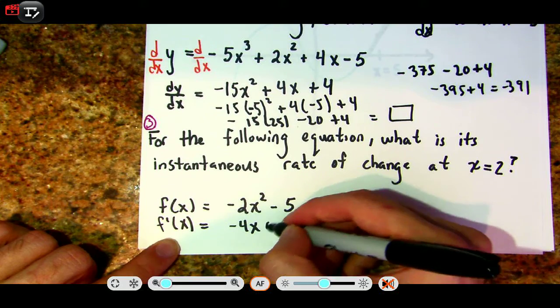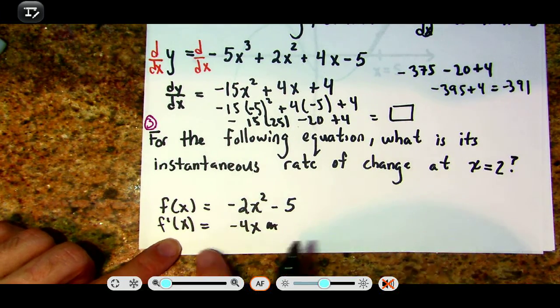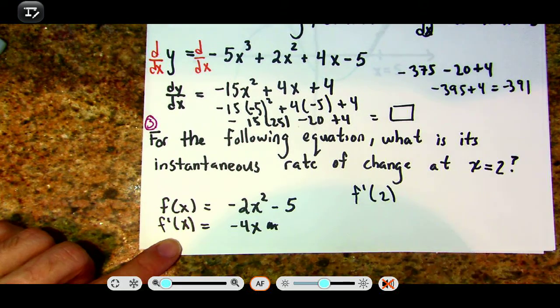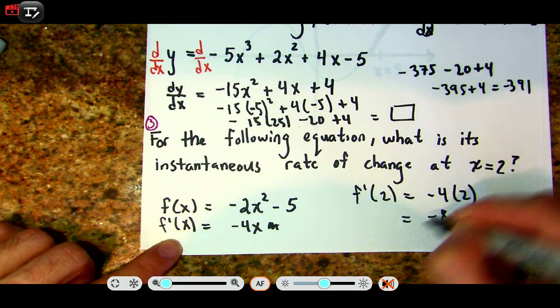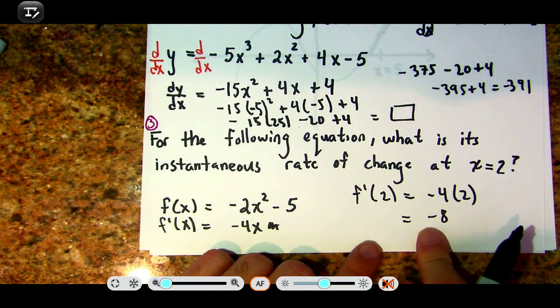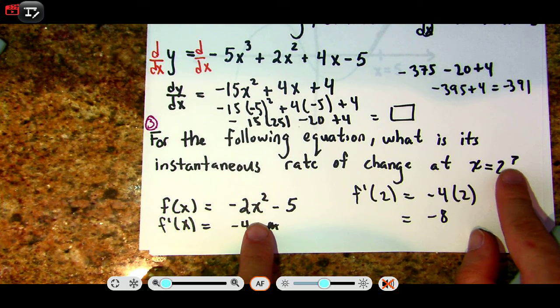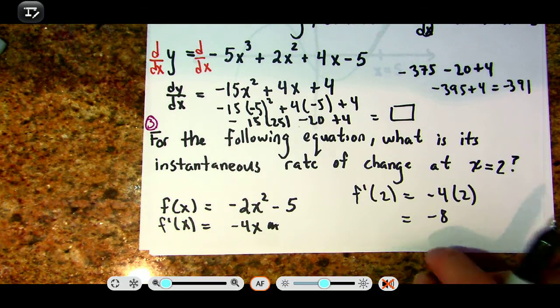So it's just negative 4x. And now we're just going to plug in 2. So we just have f prime of 2. So that becomes negative 4 times 2, which is negative 8. So the instantaneous rate of change for this function at 2 will be negative 8. So it should have some negative slope for the graph. Okay, that's it.